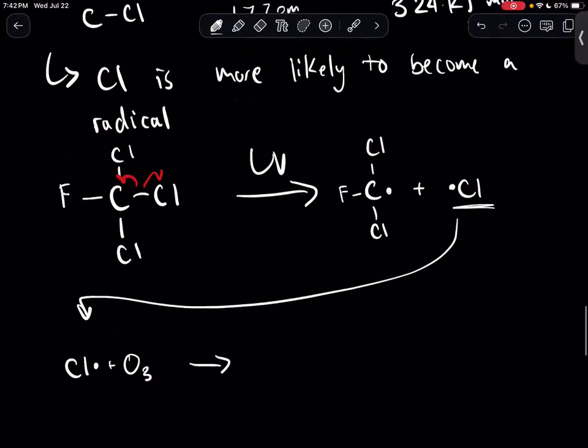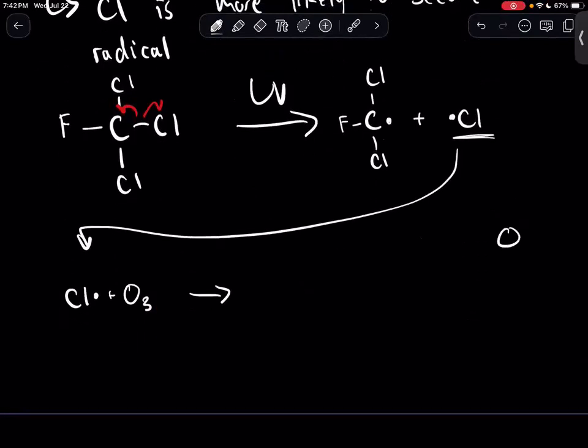Ozone has a bit of a weird bond. For those in HL, you know this to be resonance. For those in SL, you generally just refer to it as a single bond and a double bond. Either way, we can see that the bonds in ozone are not as strong as the double bond between oxygen and oxygen.